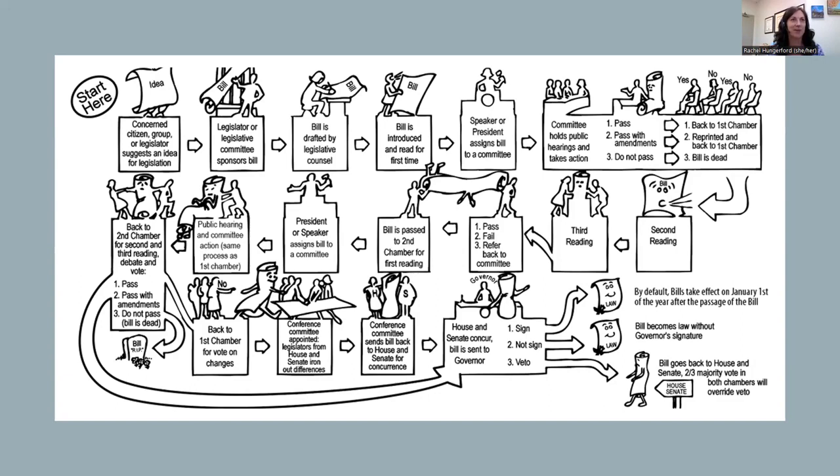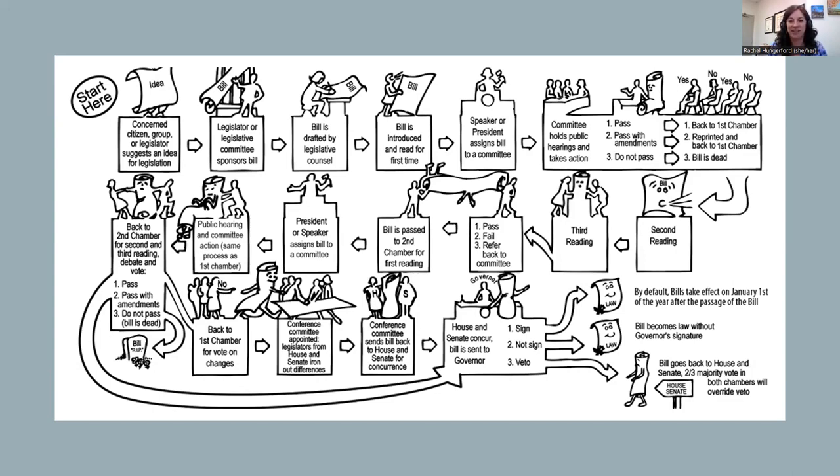And as I'll talk about more later, Oregon's legislature has a very committee-heavy process as compared to Congress and as compared to some other states. So this may or may not be a useful reference point for you. I've also included in the materials an article by a former legislative counsel that goes much more into depth about each stage that's depicted here.